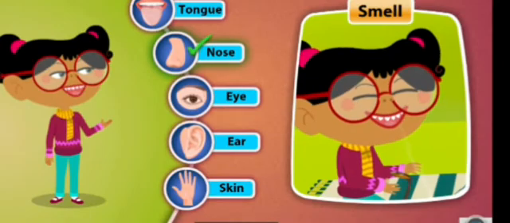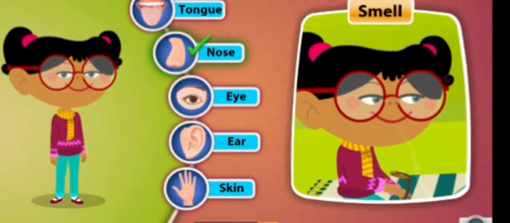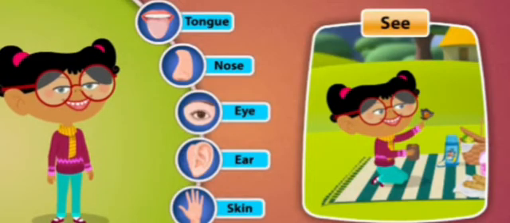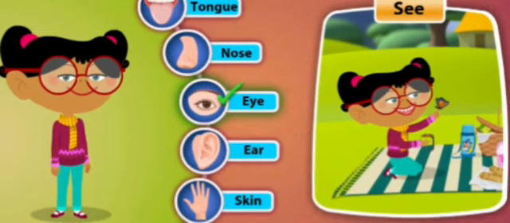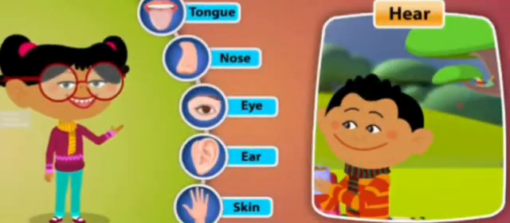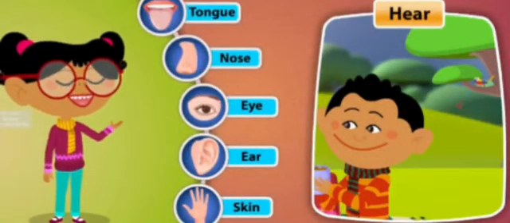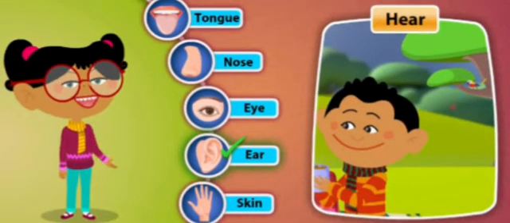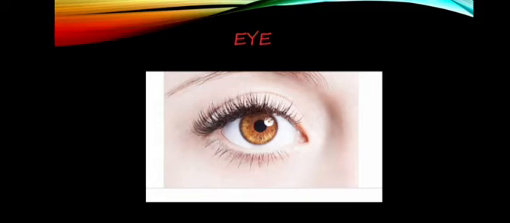The nose helps us to smell. Which sense organ helped us to see the colorful butterfly? The eyes help us to see everything. Which sense organ did Pasha use to hear the birds sing? The ears help us to hear. You have got to know about the different sense organs. Now let us get to know about them in detail.